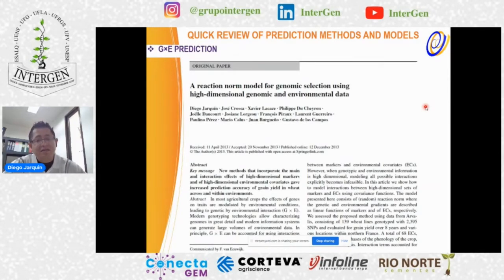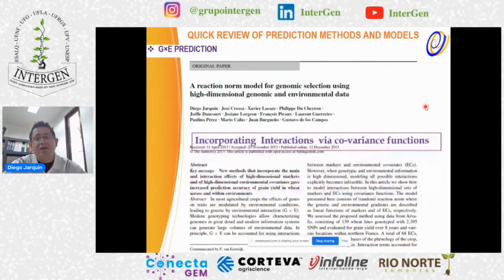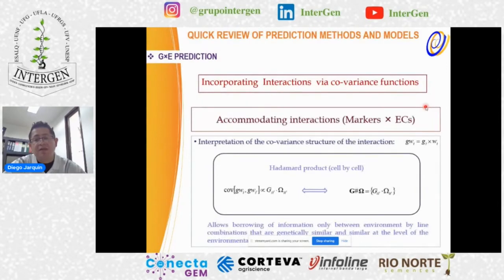Doing research in the same sense, we developed many years ago a model that allows us to include interactions between genotypes and environmental factors via covariance functions. So we developed this reaction norm model that helped to improve predictability.